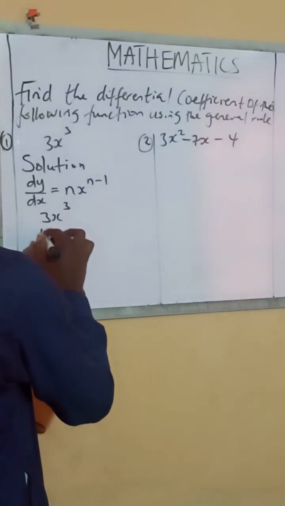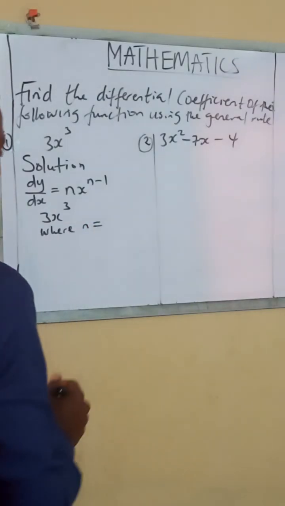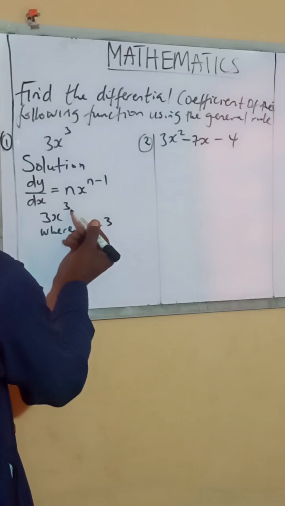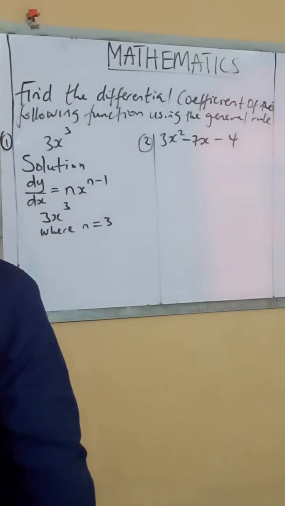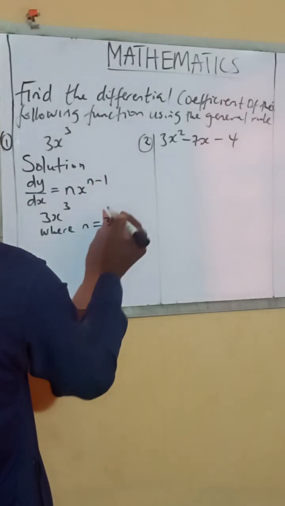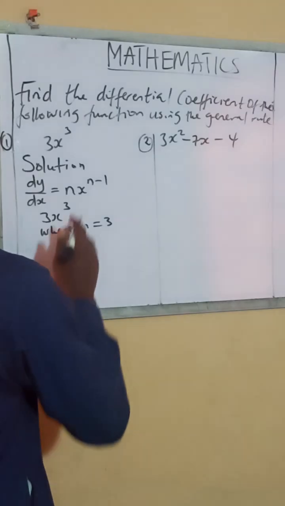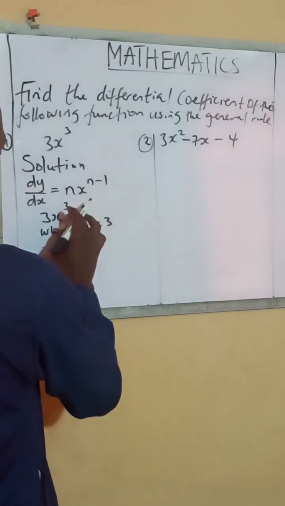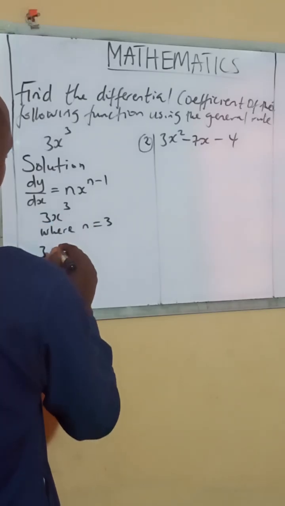And the n, where n equal to what? 3. Because that is what we have as our power. And that is what is representing this n here. So where this n is, whatever you have as your number, wherever I see n in your formula, the 3 will replace it.